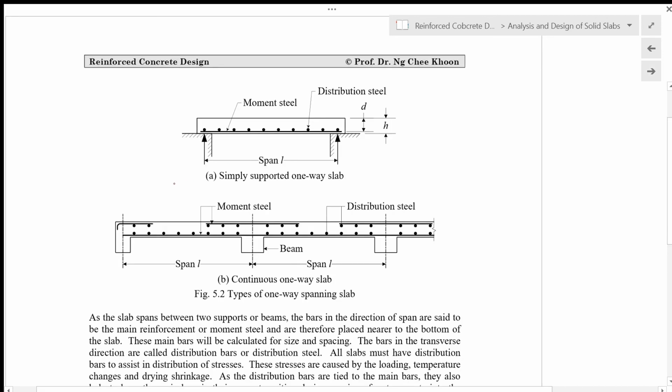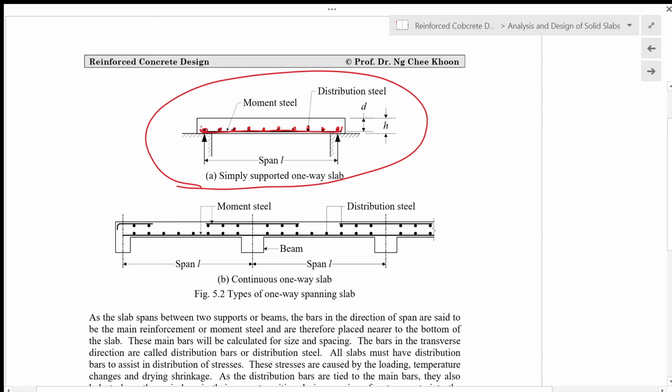So this shows a simply supported slab with a span L. In this case, the steel that is designed for the bending moment is the one shown in the longitudinal direction. The distribution steels are in the transverse direction, meaning that the distribution steel is not designed to resist any moment.